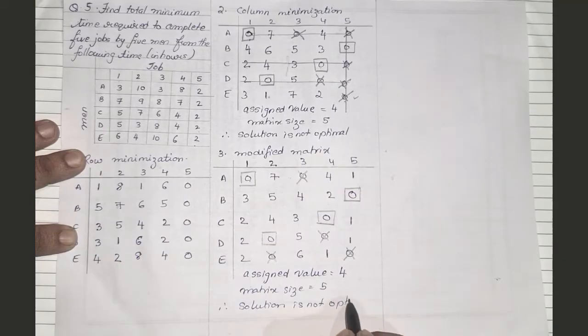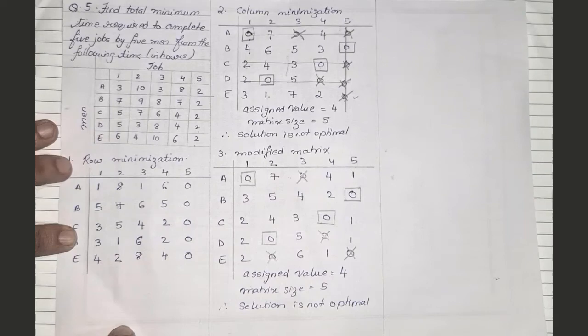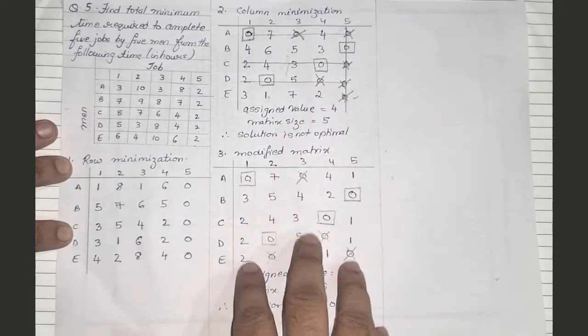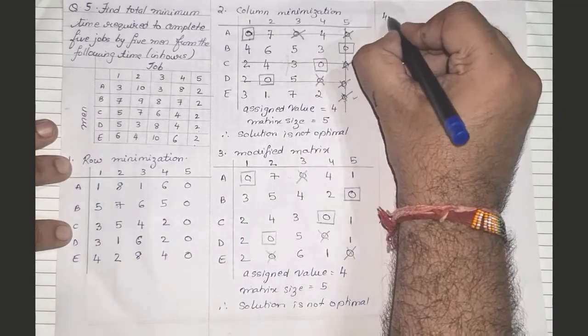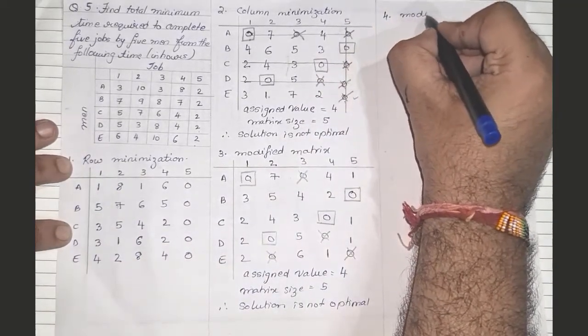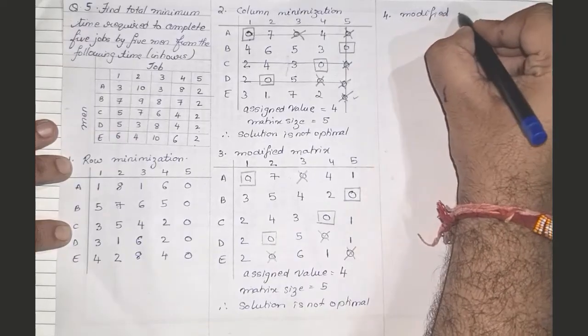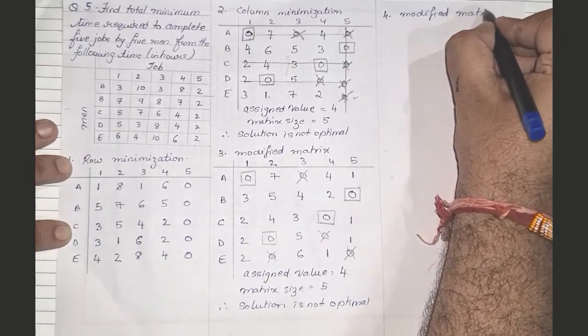This is the first time where even after making the modified matrix we were not able to get the optimal solution. So in such a situation, when after solving and getting the modified matrix, still if you don't get an optimal solution, the step will repeat. We'll have to create another modified matrix. We'll have to keep doing this till we get the optimal solution.